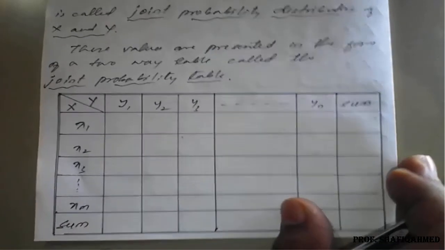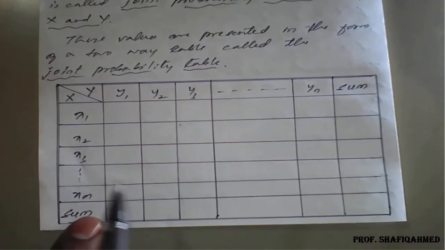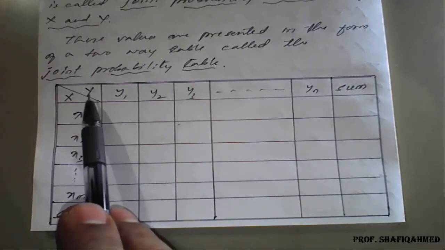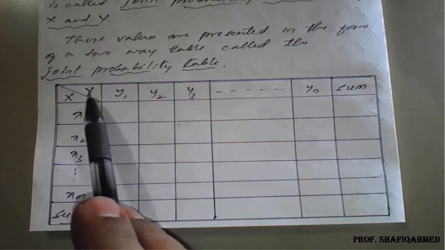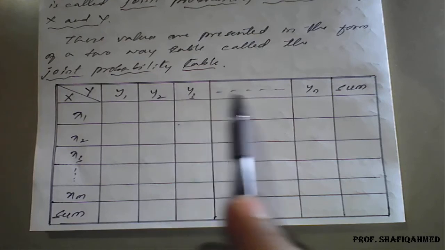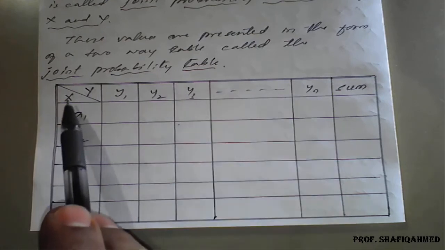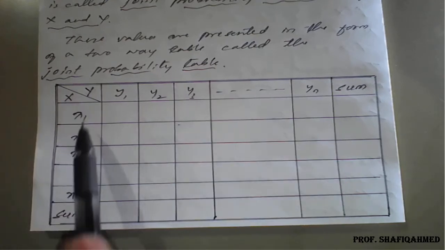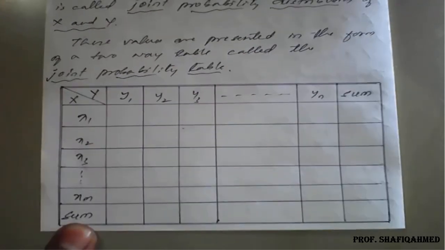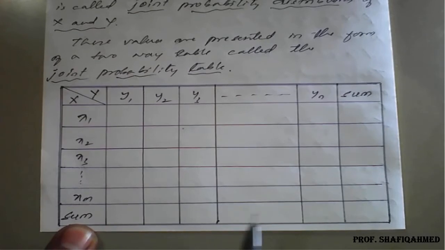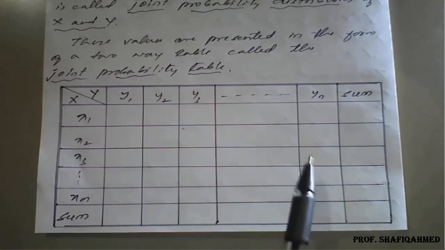See here, I have taken one table which is very important for solving the examples also. So in this table, the horizontal line has the values of capital Y, that is y1, y2, y3, so on yn, and the values of capital X are x1, x2, x3, so on xm. Now these values are presented in the form of a two-way table called the joint probability table.